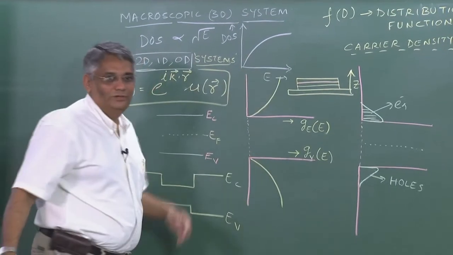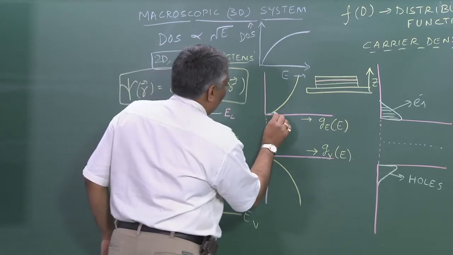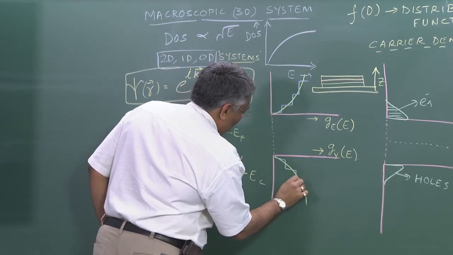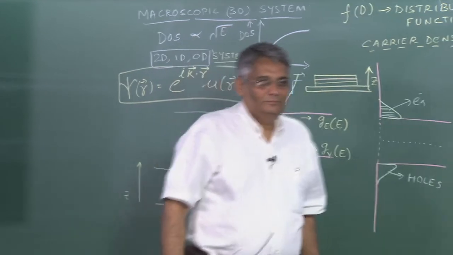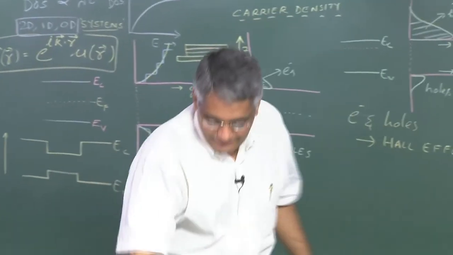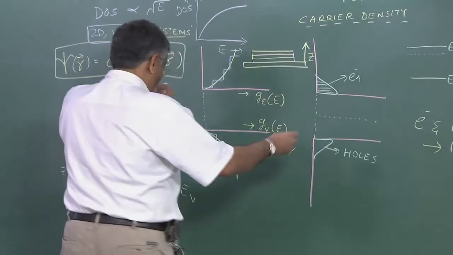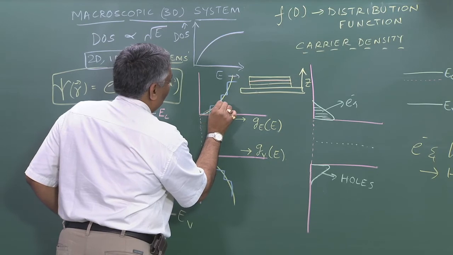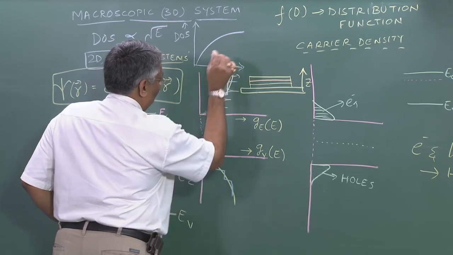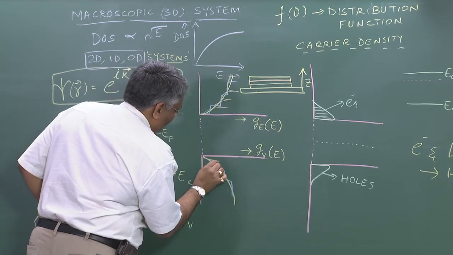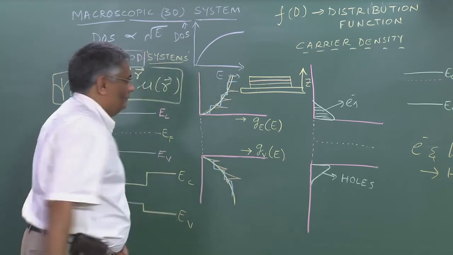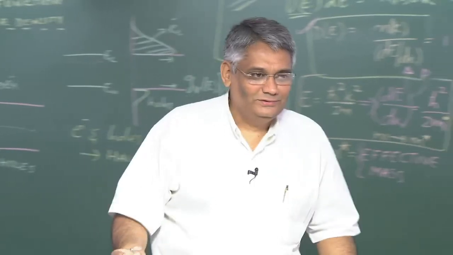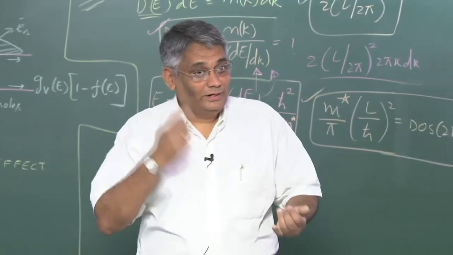This starts showing a step-like behavior. Is it not? Now, the 1D case and then the 0D case, you see how the variation happens. It's all there.